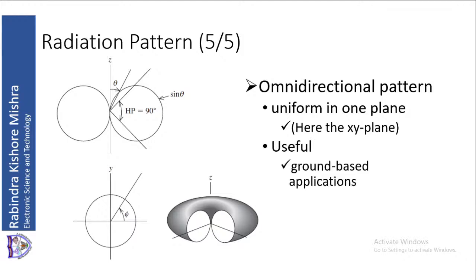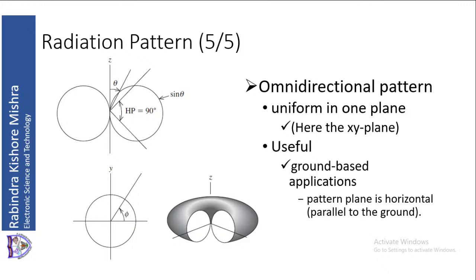The omnidirectional pattern is very useful, particularly in ground-based applications, like your mobile towers. There is one mobile tower, but as you move around it on the ground, everywhere you should get the signal.